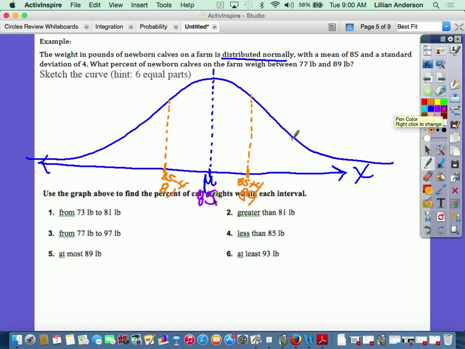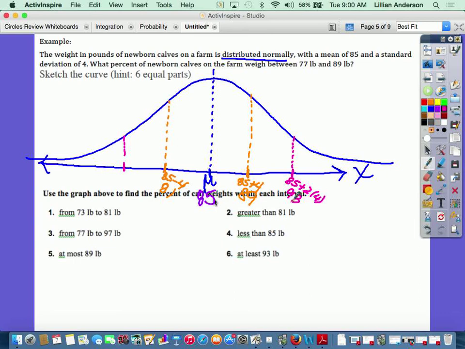What about our second standard deviation? You have to add 8 to 85, 93. So our mean plus 2 standard deviations: 85 plus 8, which is 93. You can also just continue to add the standard deviation to the previous one.